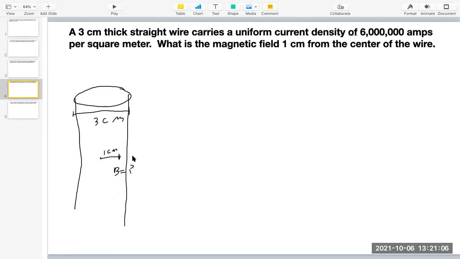So half a centimeter from the edge. And we just set I to be up if you want to be able to get a direction. So go for it, see if you can work it out. Use some Ampere's rules.